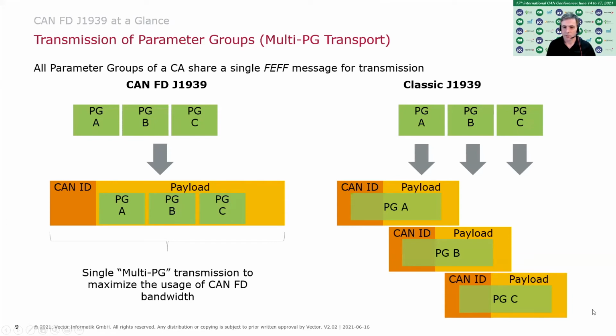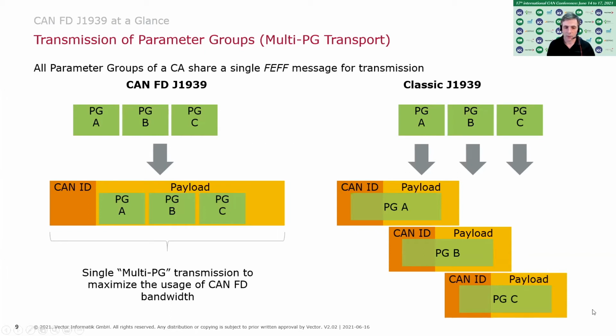In classic J1939, the parameter group is split up into the payload as well as into the CAN identifier.